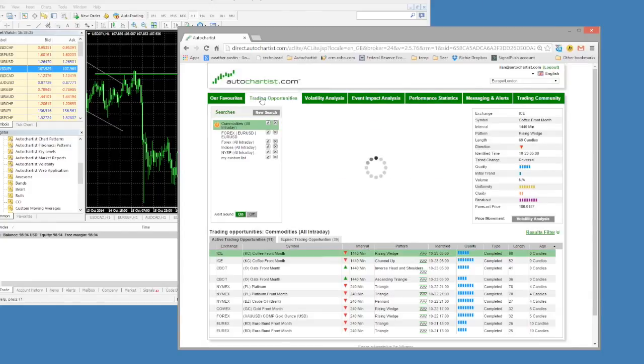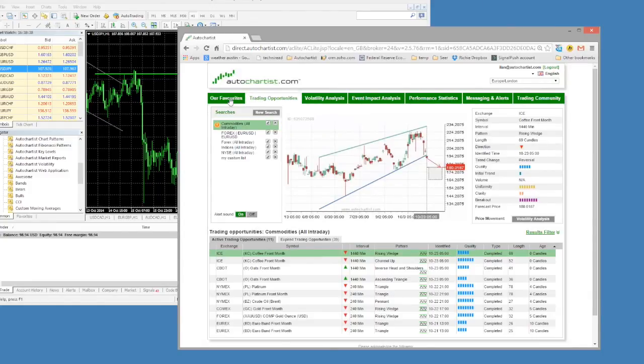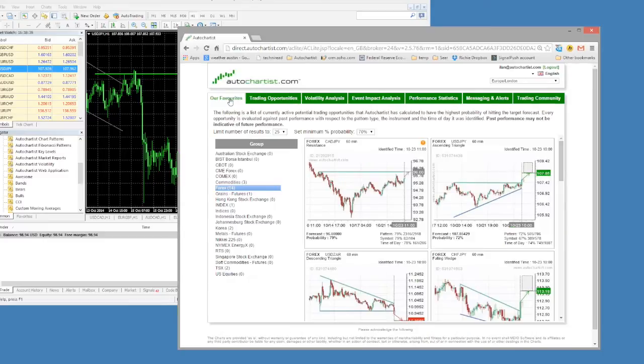If your broker provides you the Our Favorites section, then Autochartist would automatically merge the trading opportunities together with the performance statistics and provide you the opportunities that are most probable to hit their forecast level based on past performance. Okay, which again, disclaimer, might not be indicative of future performance.